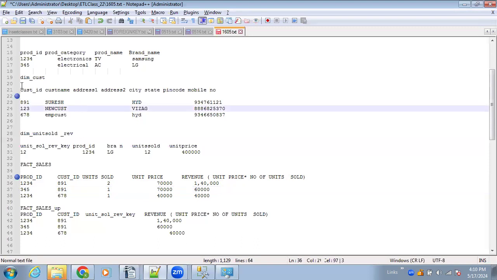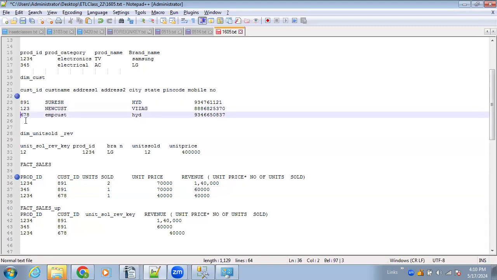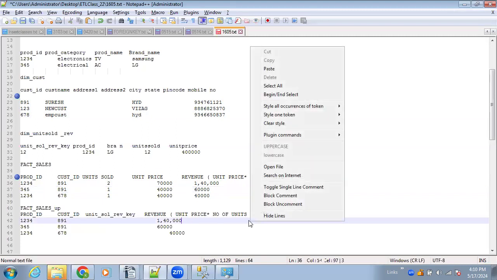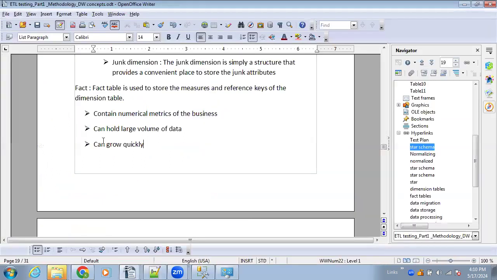But however, this dimension table will not grow as fast as the fact table, right? There will not be many new products added every day. There will be a set of products that you are trying to sell. So the price might decrease also. After summer season, the AC rates might decrease to 40,000, the same brand, right? So the updates would happen quickly, basically.